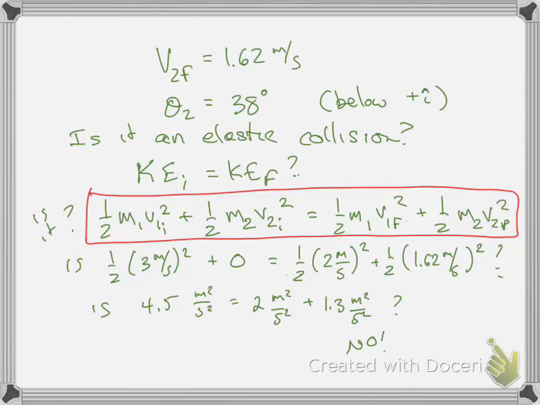I gave you enough information to solve the problem, but I could have given you less information and made it an elastic collision. With an elastic collision, we have yet another equation to work with, the kinetic energy conservation equation. But that's only if it's elastic. It's another equation we could use to solve.